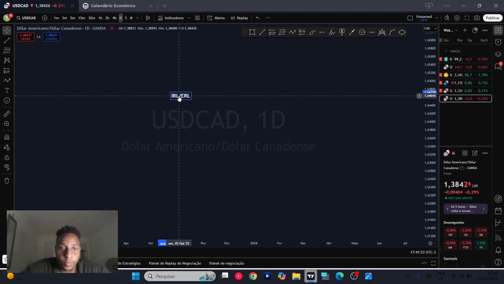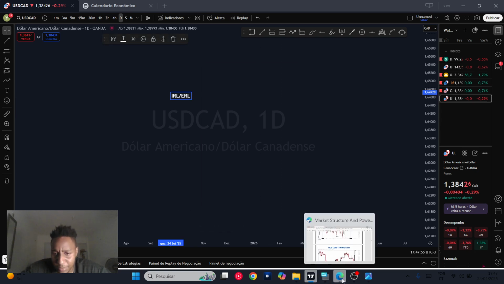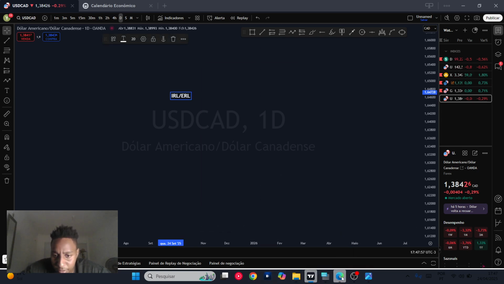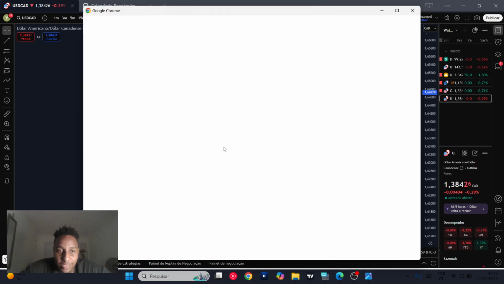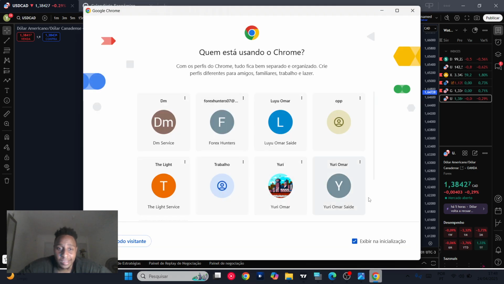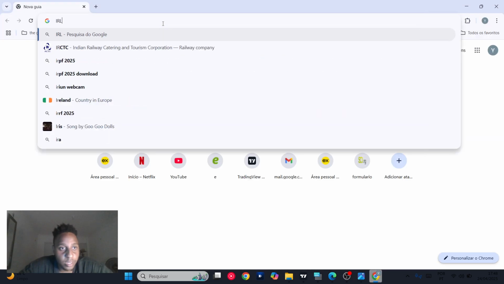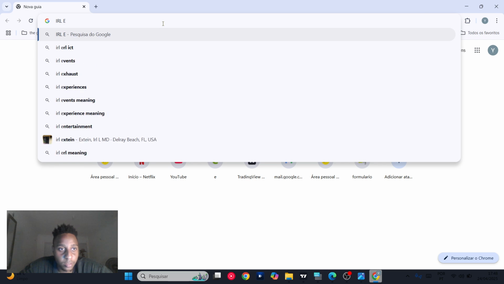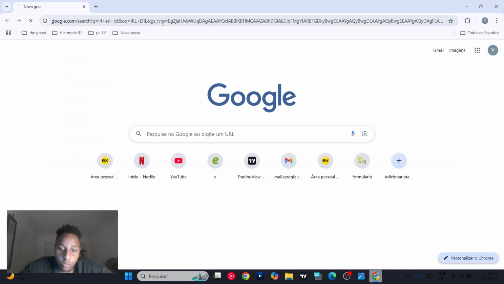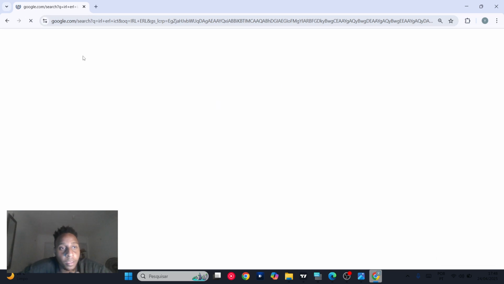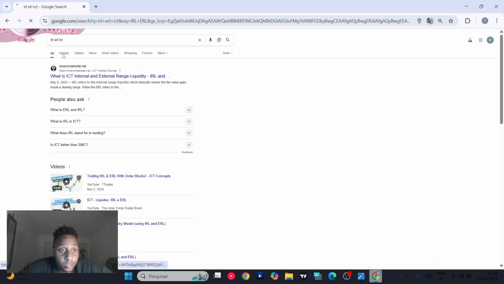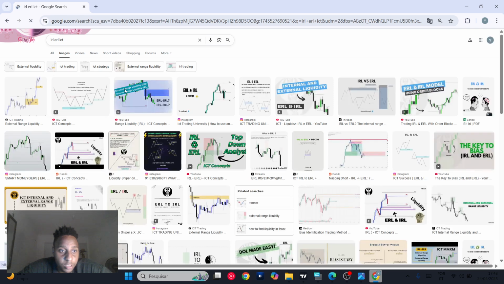Let me try to Google it first and just show it to you guys. I use it in my concept, but I love to Google things for you guys to Google as well. So we have here internal range liquidity and external range liquidity.